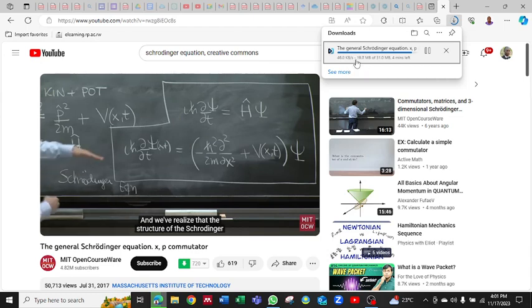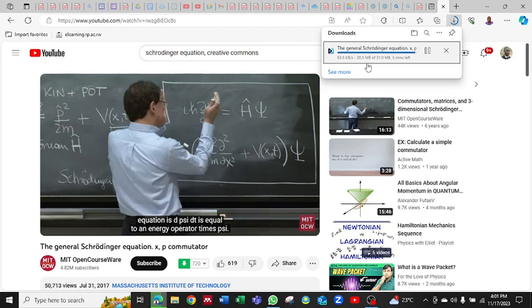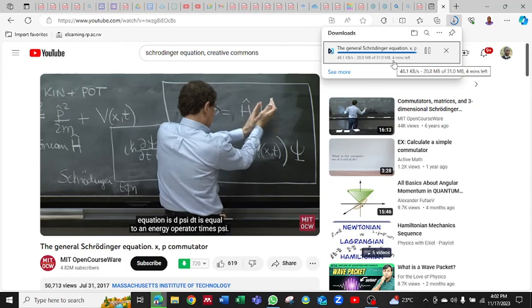And we've realized that the structure of the Schrödinger equation is ∂ψ/∂t is equal to an energy operator times psi.